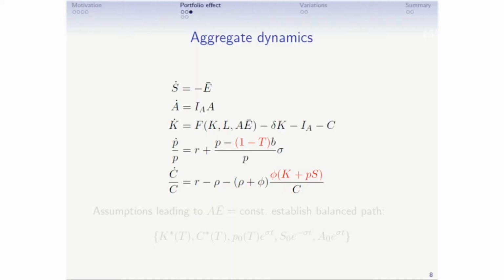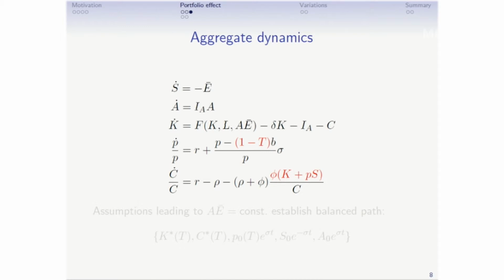So just briefly, that's the dynamical system. The first two equations for resource extraction and resource efficiency improvements are mainly driven by our assumptions that I just explained. The third equation is the standard capital dynamics. And then the fourth equation is a no arbitrage condition. It looks like the Hotelling rule with just one modification.